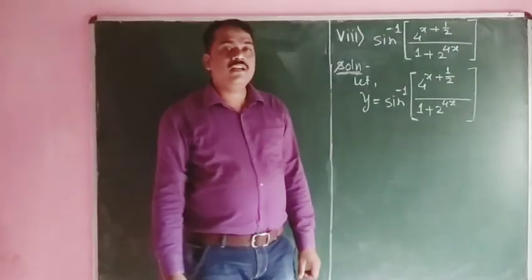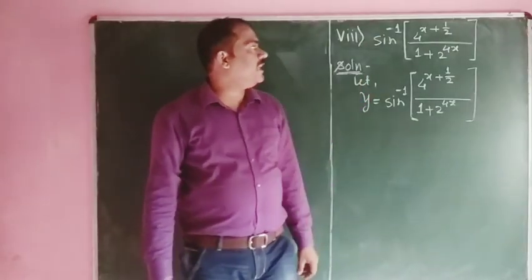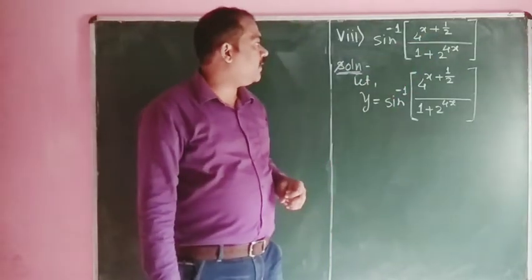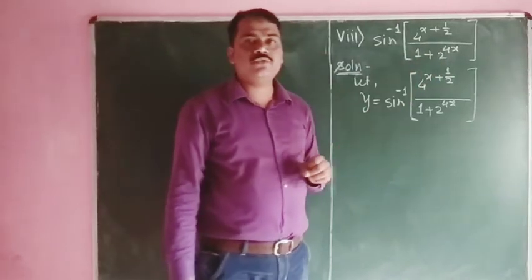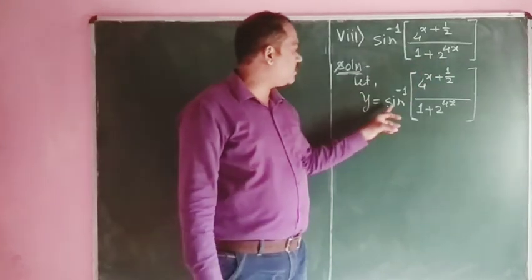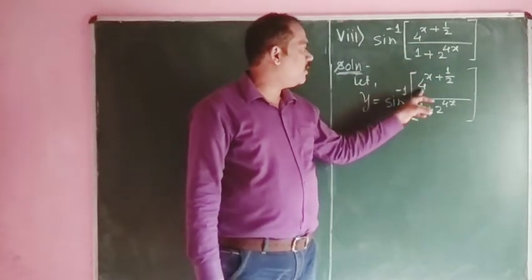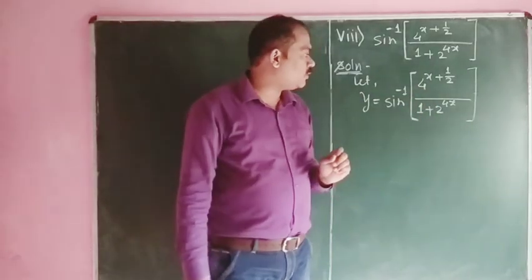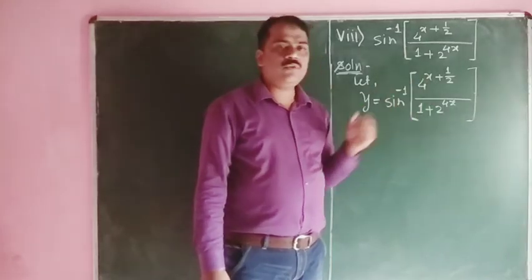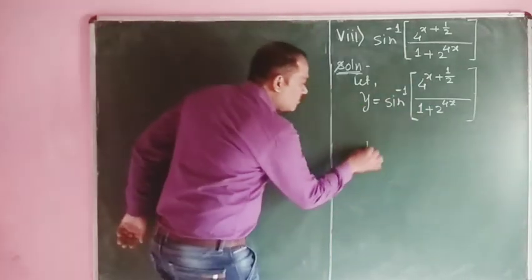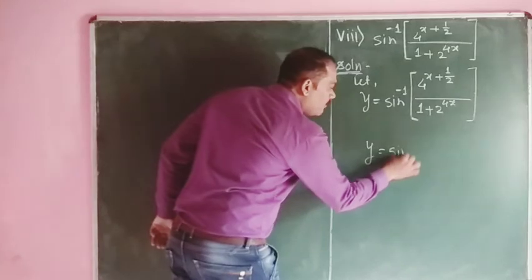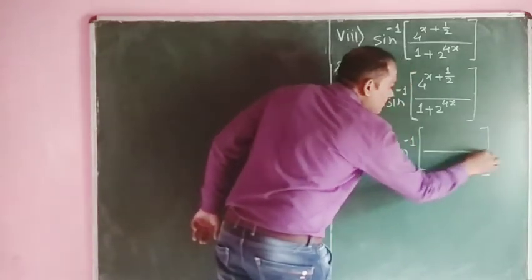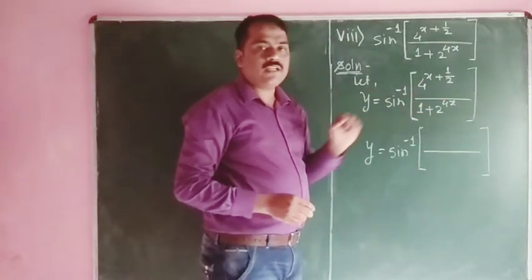We have to discuss example number 8: sin inverse of 4 raised to x plus 1 half divided by 1 plus 2 raised to 4x. Let y is equal to sin inverse of 4 raised to x plus 1 half divided by 1 plus 2 raised to 4x. First of all, we have to simplify it like this. y is equal to sin inverse of, how to write this, 4 raised to x plus 1 half?